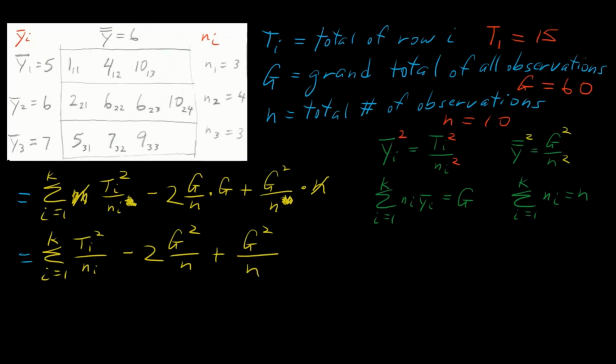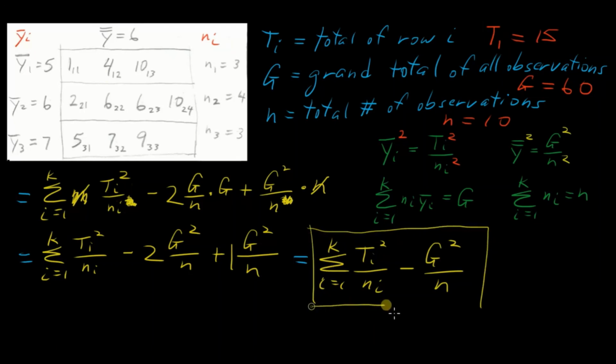And so this is going to be one of these minus 2 of these. That's going to give us negative 1 of those things. And there we go. That is our derivation. Let me clean up that i a little bit.